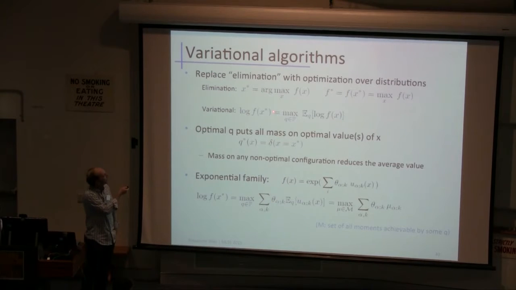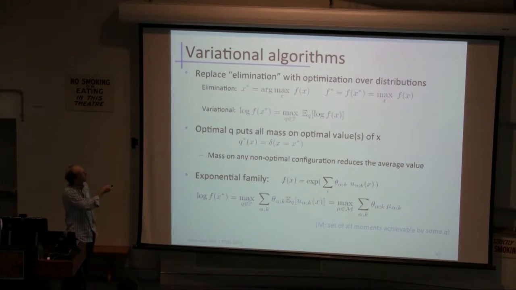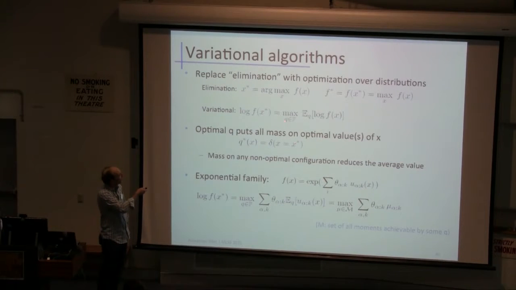But it's easy to see that these two things are equivalent, because the optimal value of Q for this distributional optimization will just put all of its mass on the optimum X star. So if I'm finding the distribution Q that maximizes the expected value of log f, if I put all my mass on X star, then this value is just log f star.